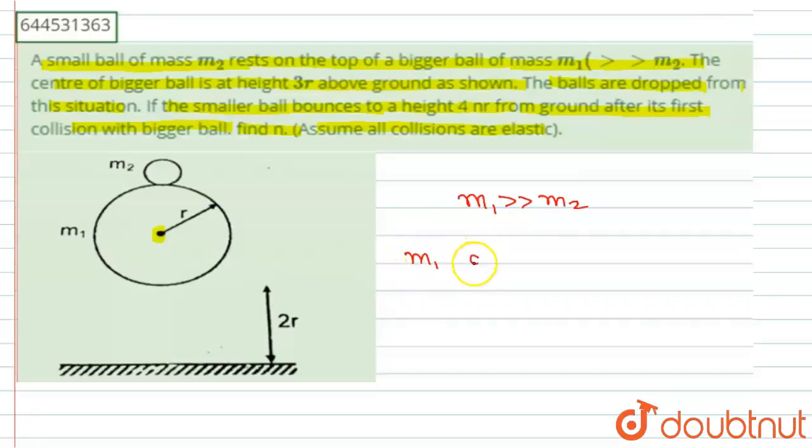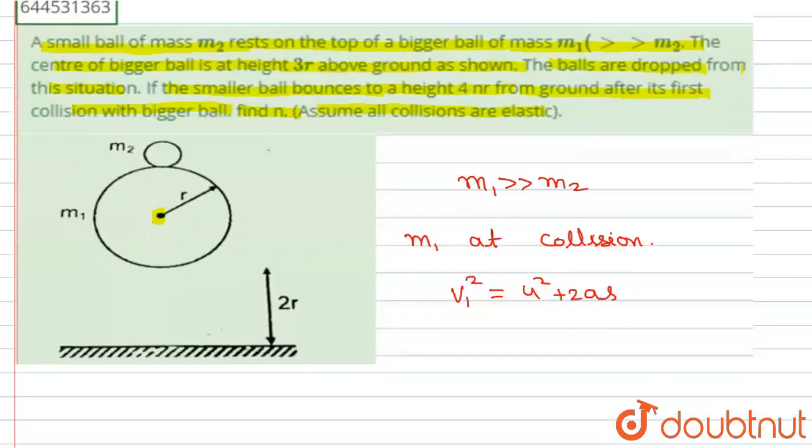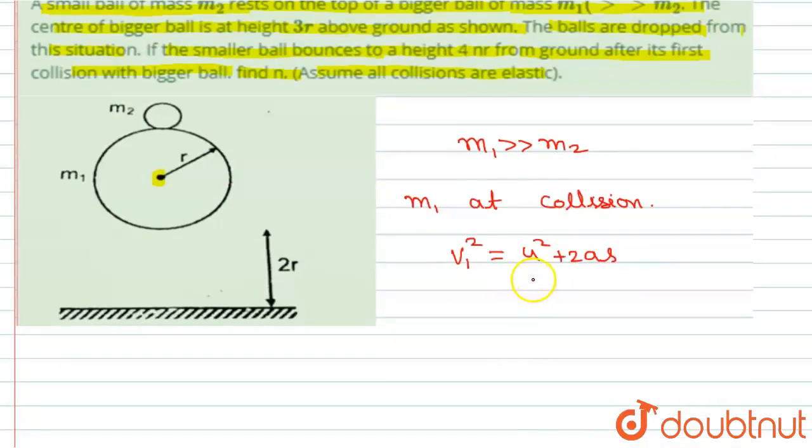So m1 at collision, let us consider this is v1. So v1 squared is equal to u squared plus 2as. Now u we have to take as 0, because it is dropped with the velocity u equal to 0.